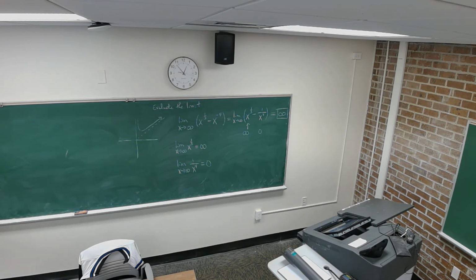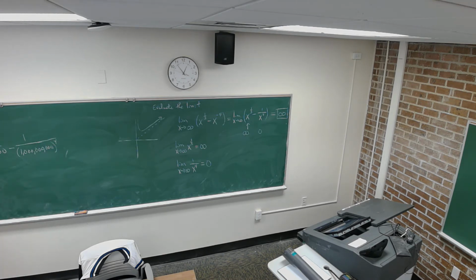So f of 1 billion is equal to the cube root of 1 billion minus 1 over 1 billion to the 4th power.